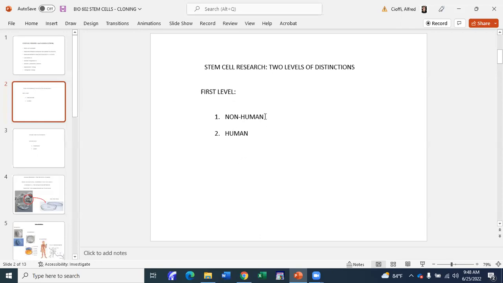Without going into further detail, I think you understand intuitively that there are certain experiments that may be done in non-humans that should not be done in humans, or even when there is consent. So the type of stem cell research that we're talking about here is with human stem cells. Okay, so right away the issue of consent pops up.